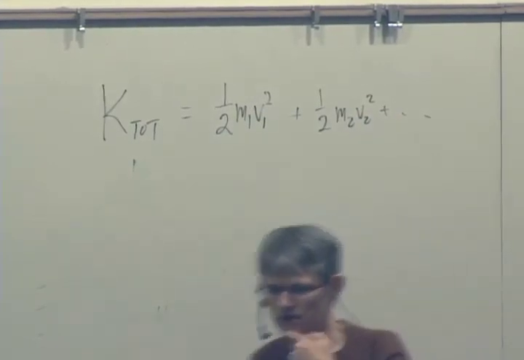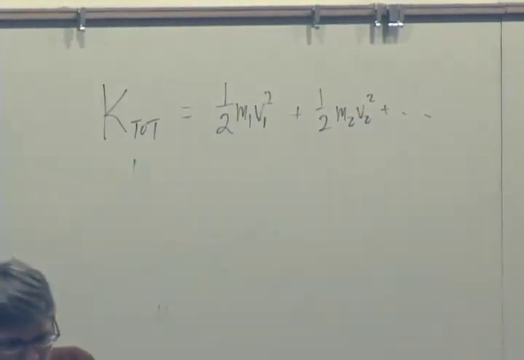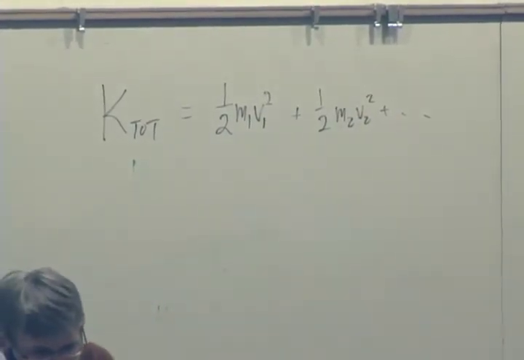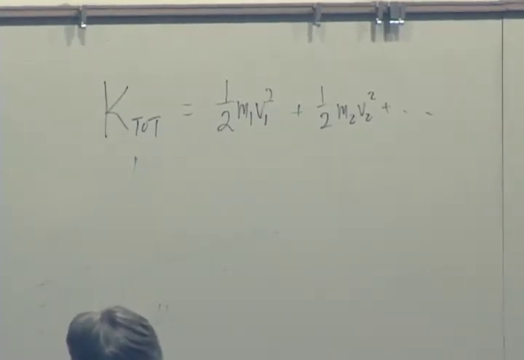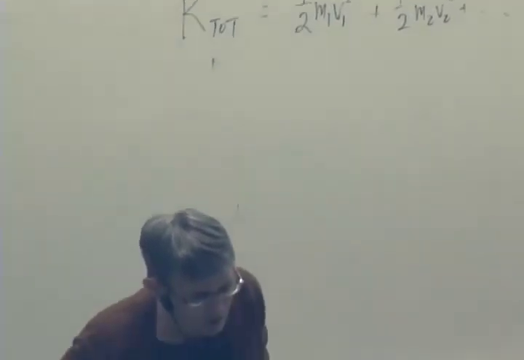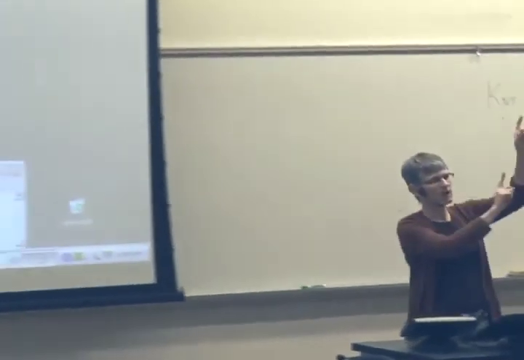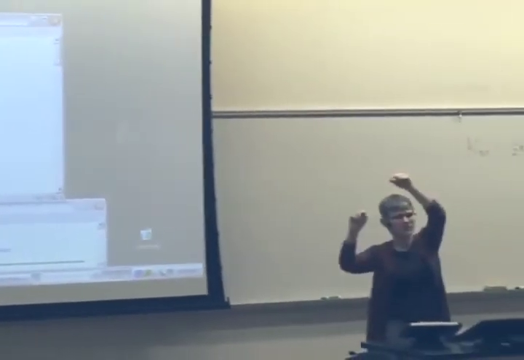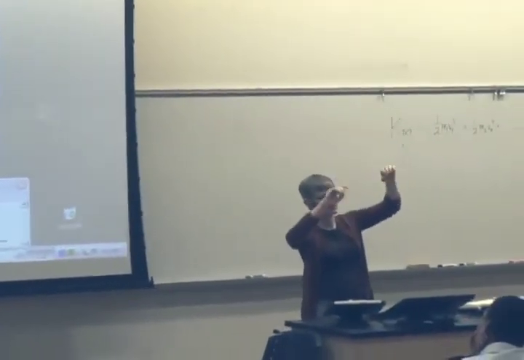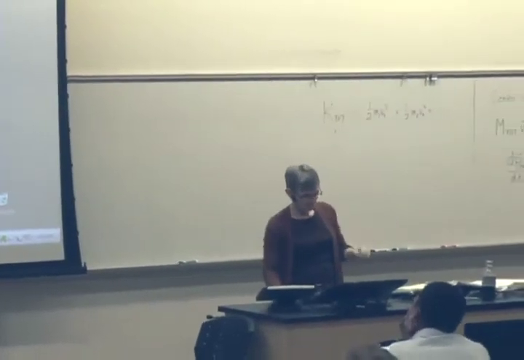So let's actually look at the velocity of the pieces in this situation and see what we see. So in the top object, everything's moving at the same velocity, right? So the velocity of the center of mass is the velocity of both of the balls.